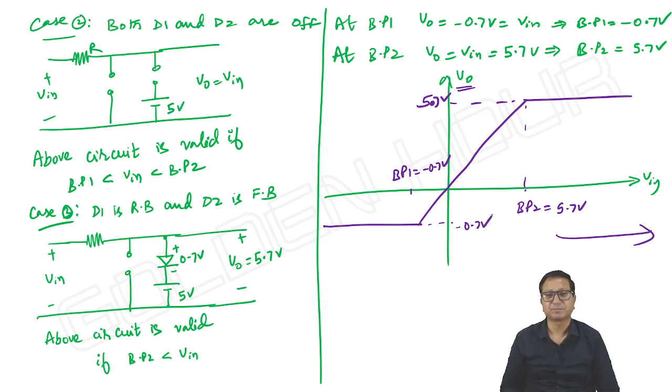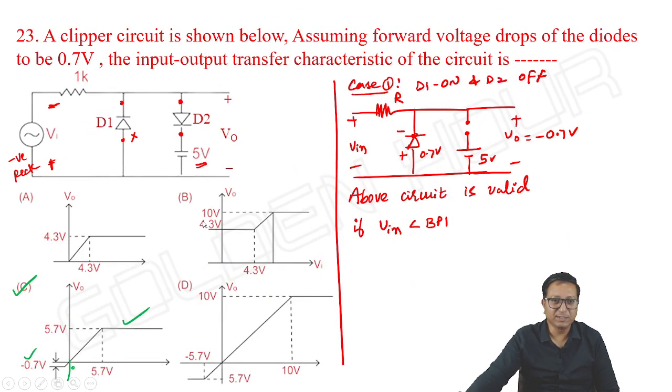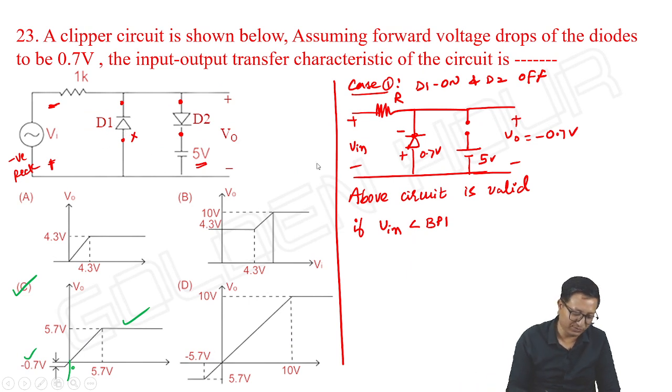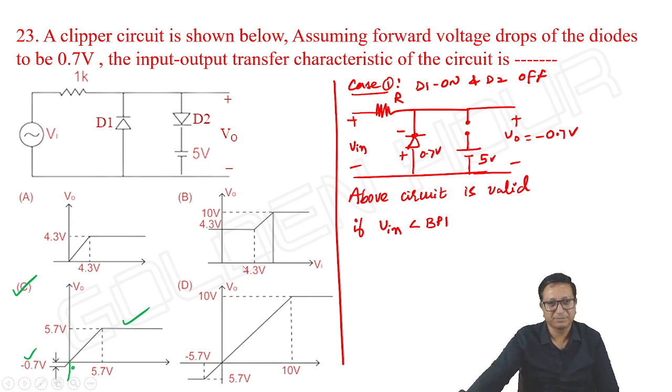That's it. So even though a Zener diode is kept here instead of D1, it does not influence the transfer characteristics. Just to make you aware of this, I did this problem.